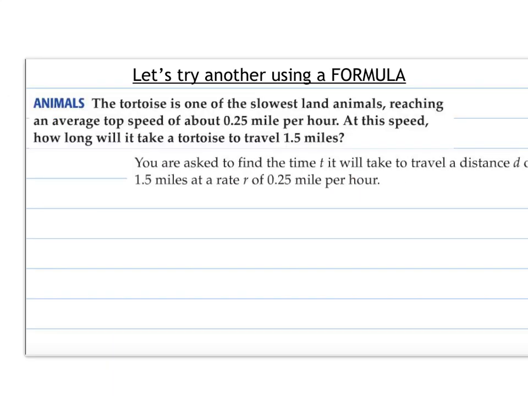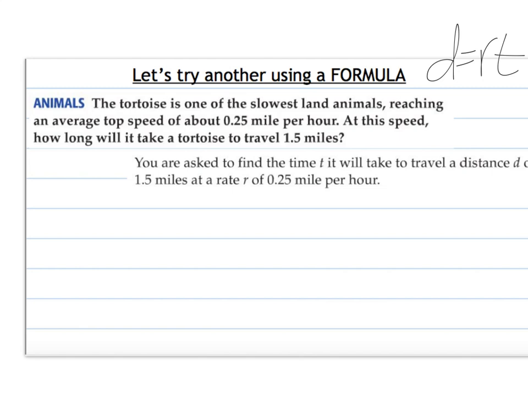So, looking at formula, we're thinking about distance here. Sometimes you need a formula like you use in science. Distance is rate times time. So this question is talking about a tortoise, one of the slowest land animals, reaching an average top speed of about 1/4 mile per hour. At this speed, how long will it take a tortoise to travel 1.5 miles?